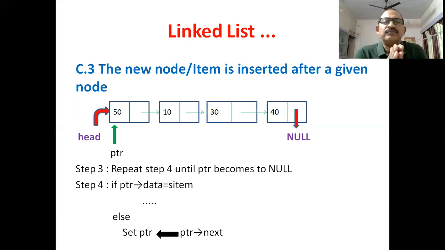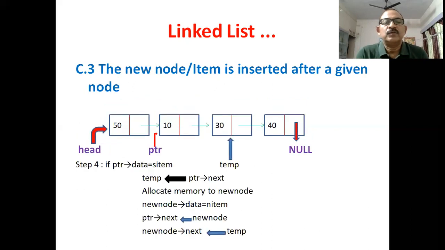If the search item does not exist in the first node, what will we do? We simply set PTR is equal to PTR next, meaning we will go to the next node. Okay. If the search item exists, if PTR data is equal to search item. Is it clear?